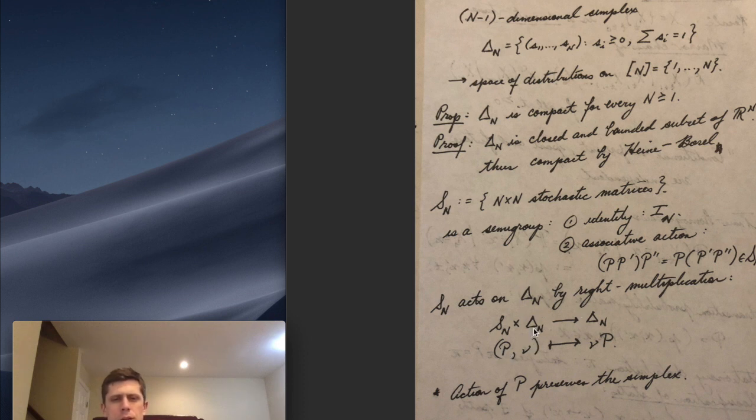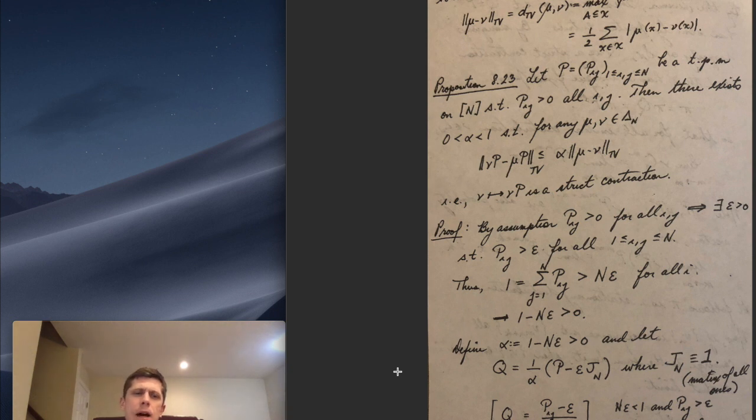If you give me a distribution nu and a transition probability, I can get you to the next state by picking a random state according to nu and then transitioning according to P. We're going to keep doing this over and over again. So that's the action that we take.